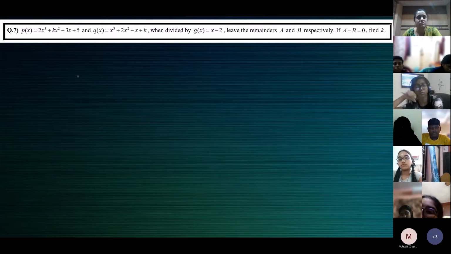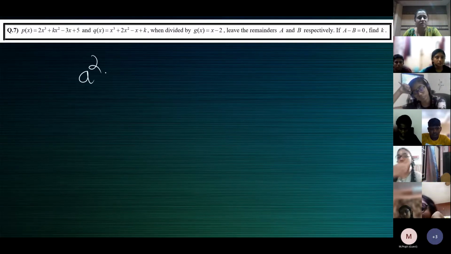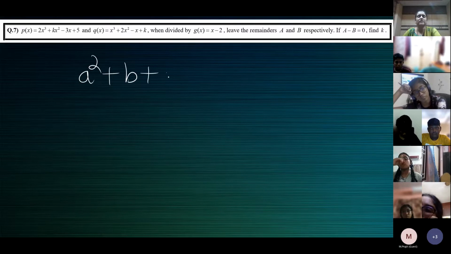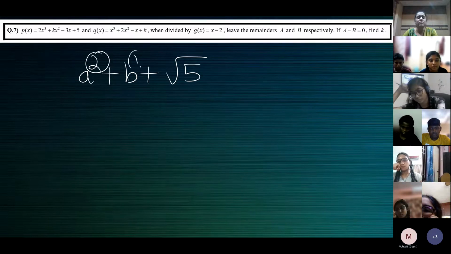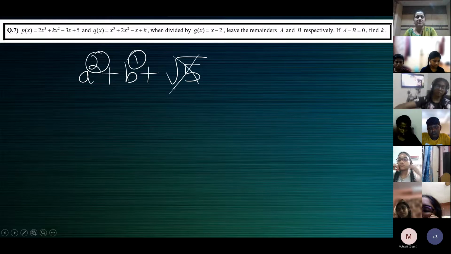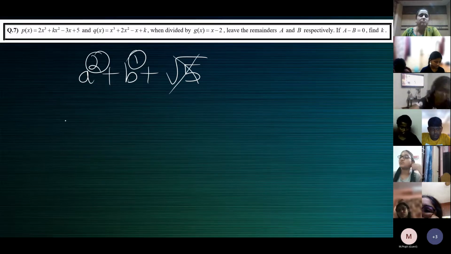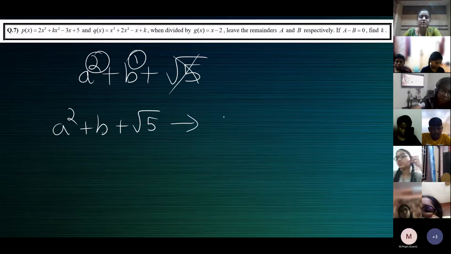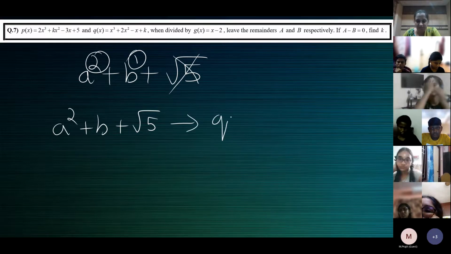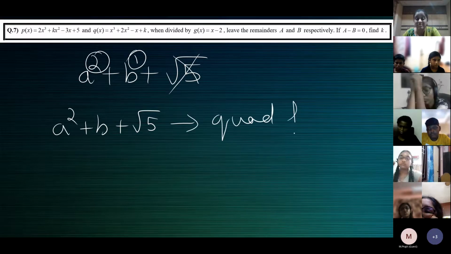So we were talking about a square plus b plus root 5. It is a polynomial. The power 2 is a whole number, a quadratic polynomial. The power 1 is also a whole number. The root 5 is not at all considered in deciding if it's a polynomial or not. So a square plus b plus root 5 is a polynomial of degree 2, a quadratic polynomial.